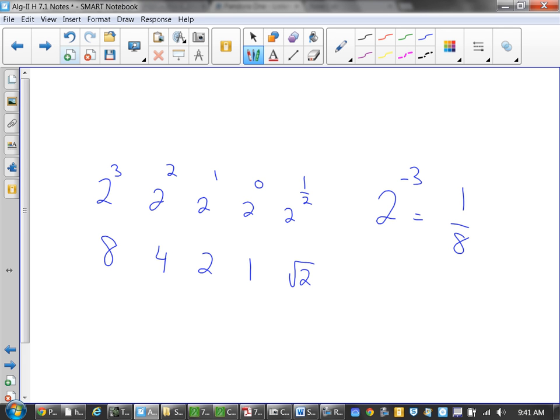So a half power is a square root. A third power is a cube root. Fourth power, fourth root, and so on and so forth.